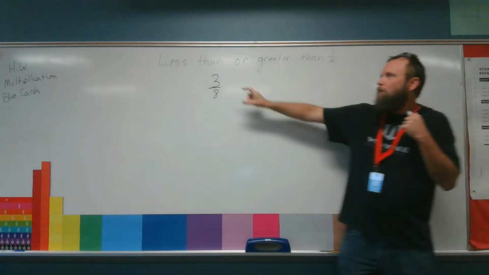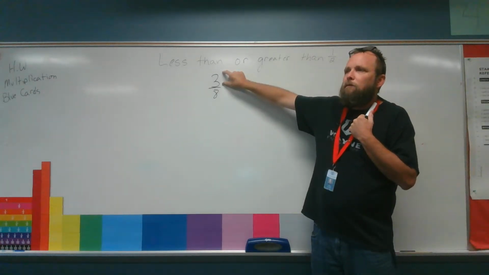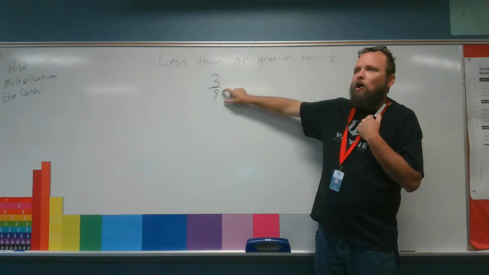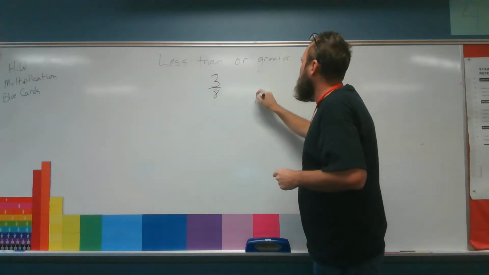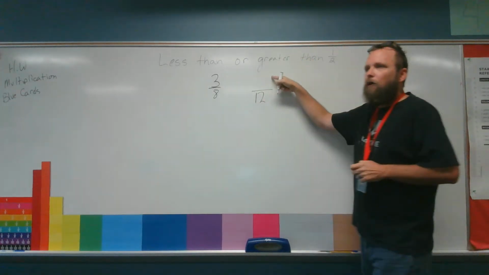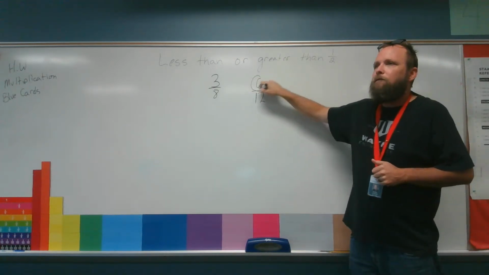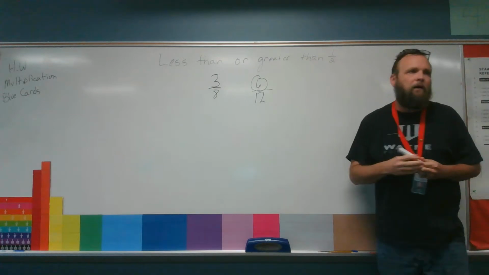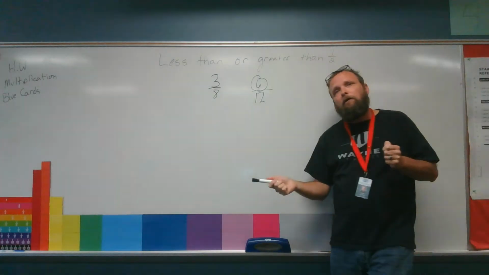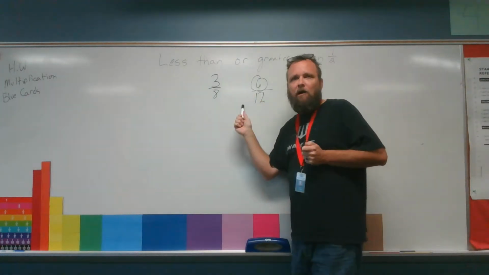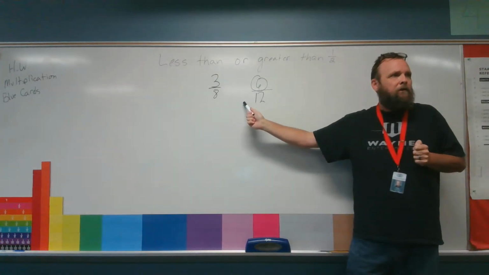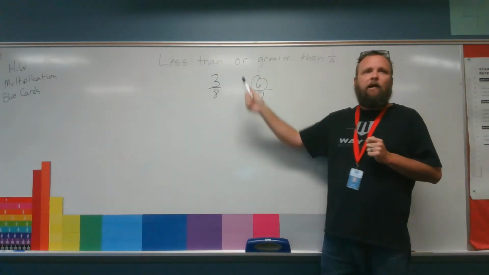Okay, so you're telling me the numerator has to be 4 to be a half. Okay, and on any other fraction. So if I gave you the denominator 12, what would the numerator have to be to make it a half? Okay, how are you coming up with this? Because half of 12 is 6. Okay, so if your numerator is half of your denominator, then your fraction is going to equal exactly a half.